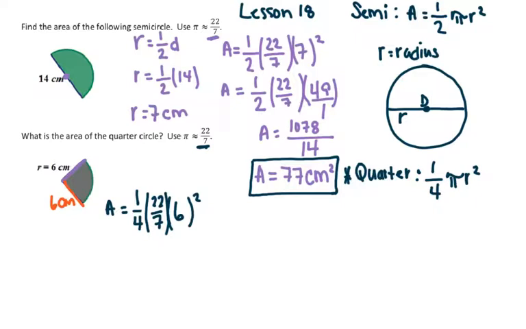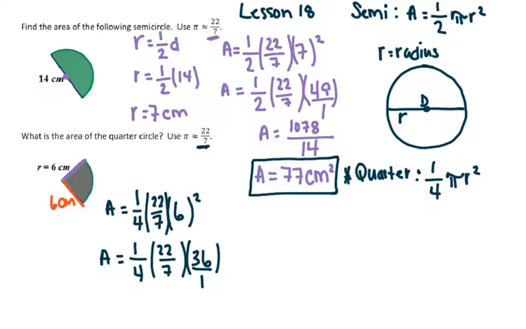So now I'm going to, in my head, remember I'm doing exponents first. So I'm going to rewrite my problem as 1/4 multiplied by 22 over 7 multiplied by 6 times 6 is 36. So 6 squared is 36. And remember that that's actually 36 over 1. So I am going to multiply straight across.